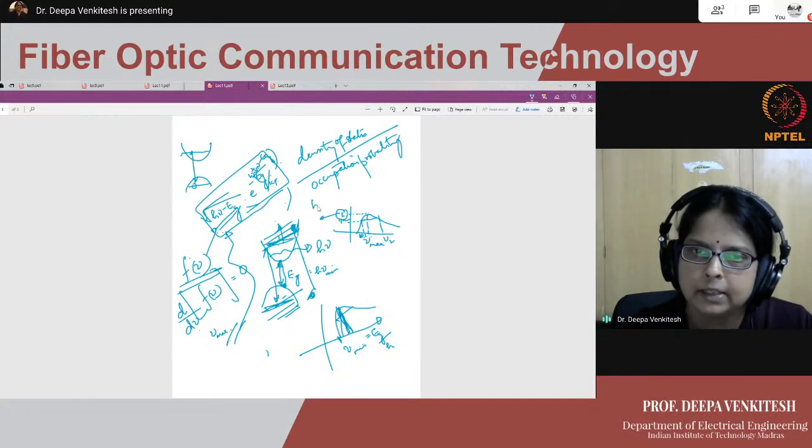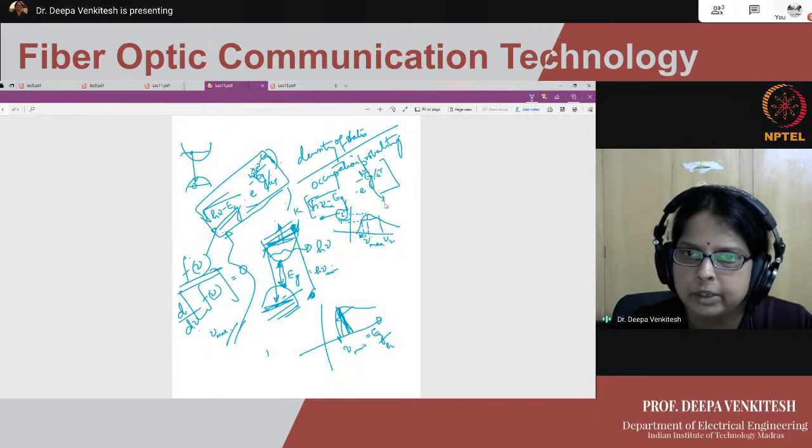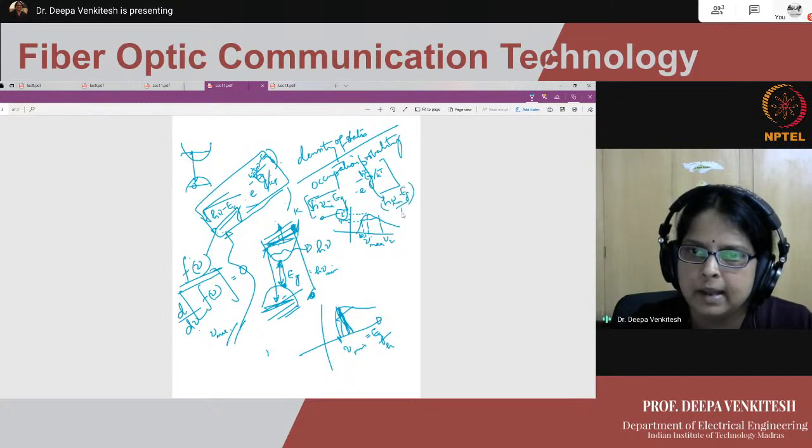This value is actually that constant, whatever constant we took, into square root of h nu max minus Eg, into e power minus h nu max minus Eg by kT. That's what you will have at the peak.